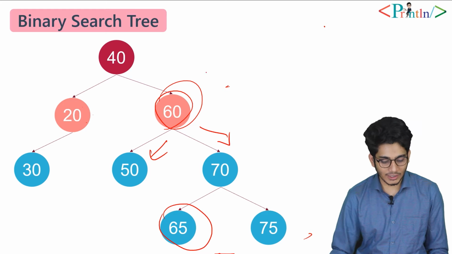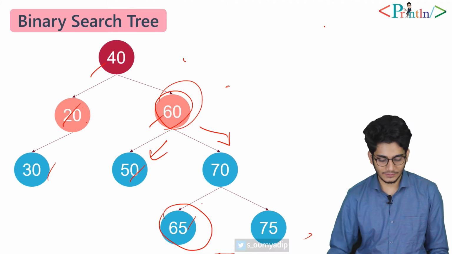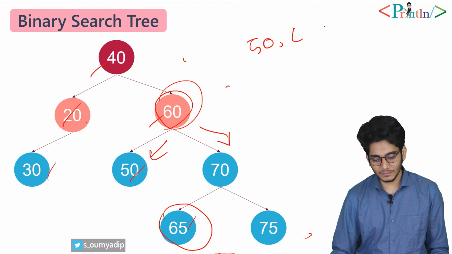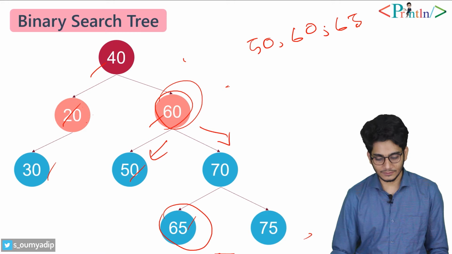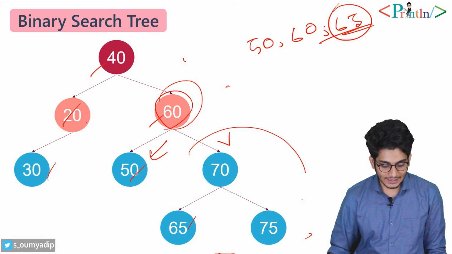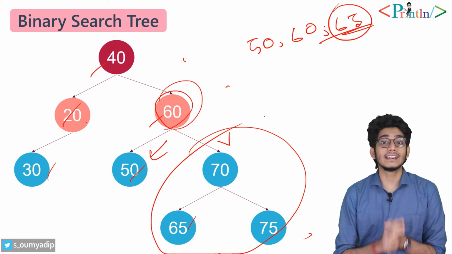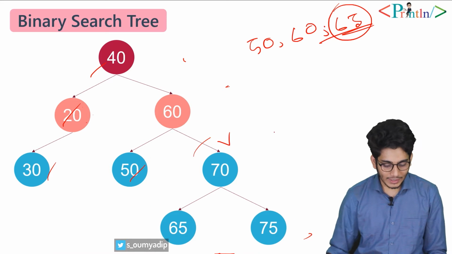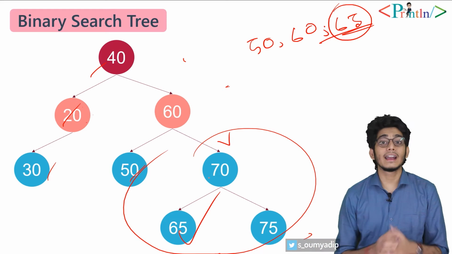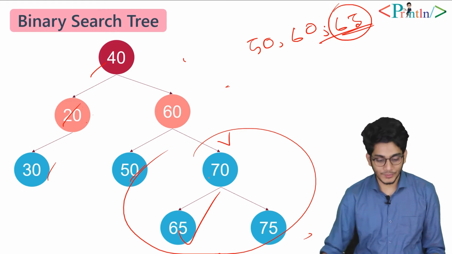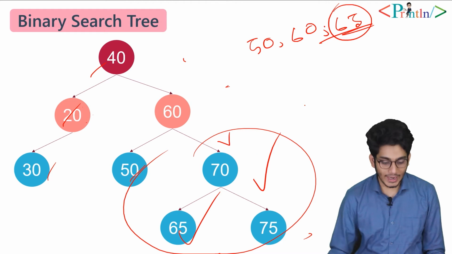If we perform the in-order traversal for this tree, it will be 30, 20, 40, 50, 60, 65. The successor has the lowest value in its right subtree. Let's look at this subtree: 65 has the lowest value in this subtree, right?